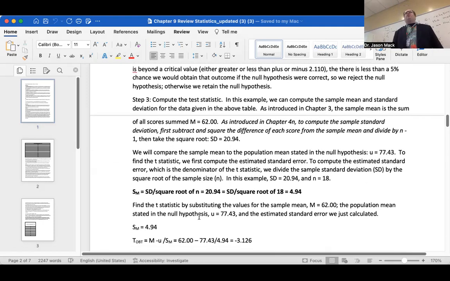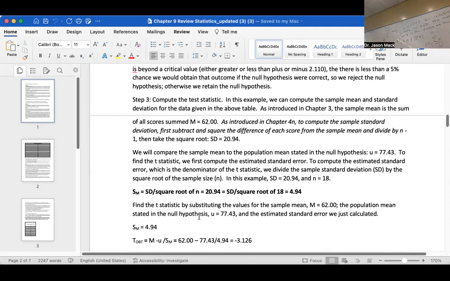Does that make sense so far, everybody? Then we will compare the sample mean to the population mean stated in the hypothesis, which originally was 77.43.